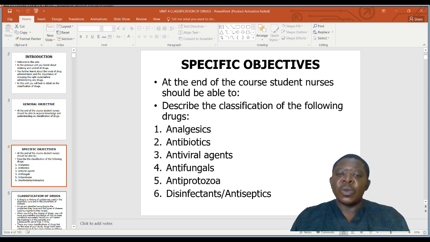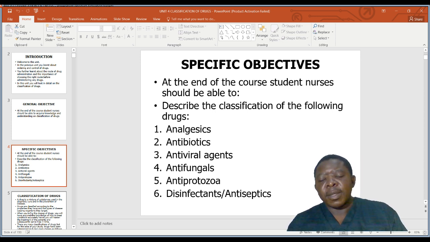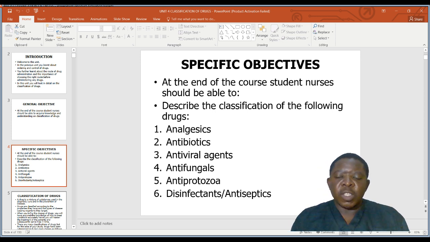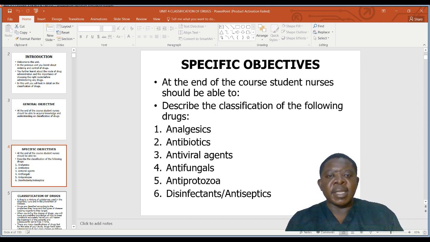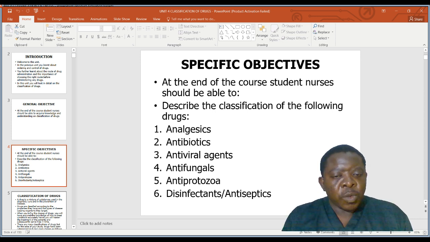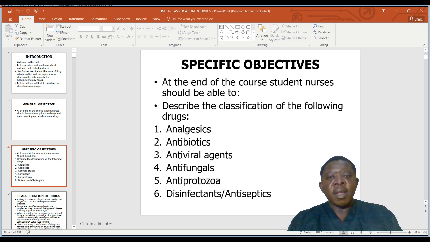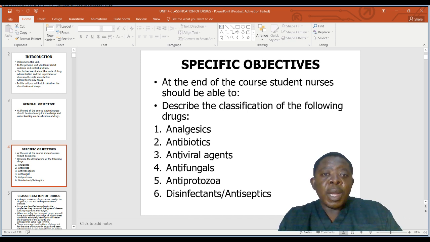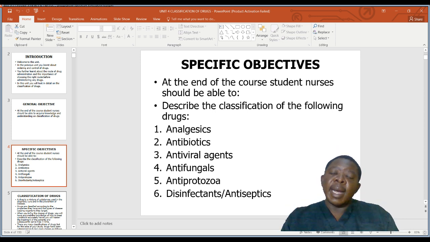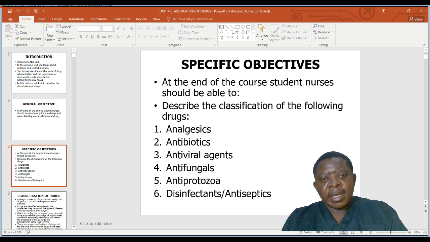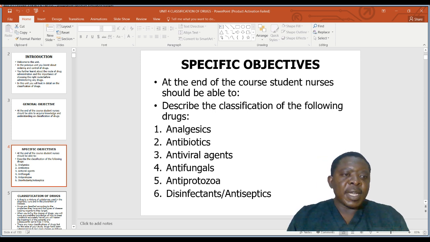We'll also look at antifungal drugs, the groups and how they work, how they block multiplication and at which stage. That will be in the board series and other PowerPoint presentations, where we look at isolated classes. Analgesics, we cover extensively. Antibiotics, we also cover extensively. So these are the groups of drugs.